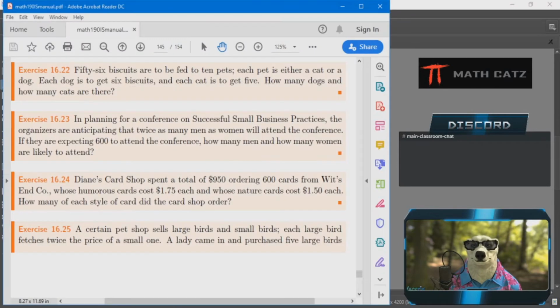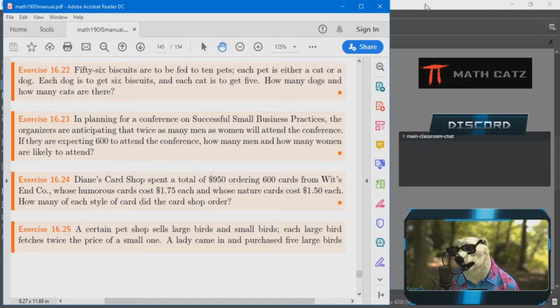Now, in the interest of keeping things as simple as possible, I want to minimize the number of variables. And I can do that because the number of dogs and the number of cats are not independent of each other. I have a total of 10 pets.